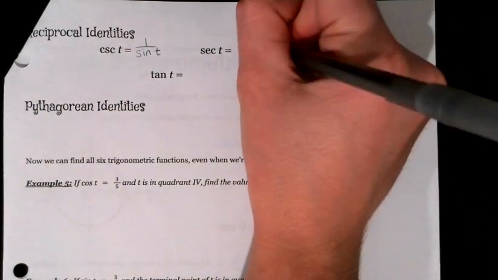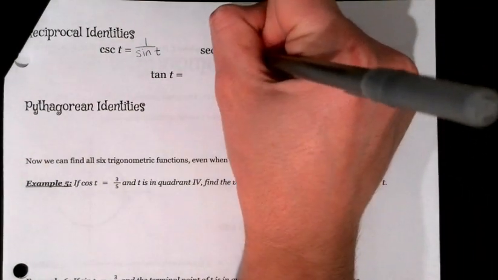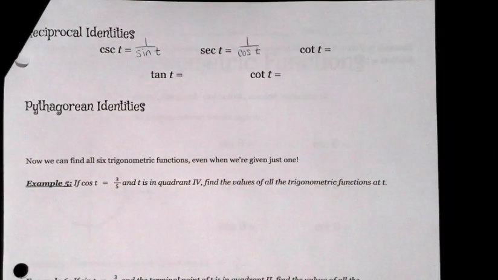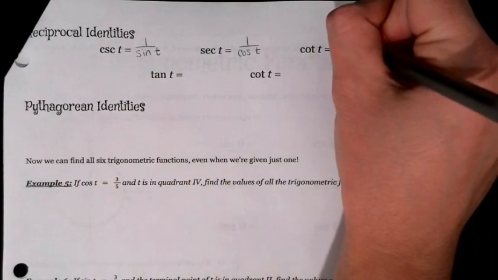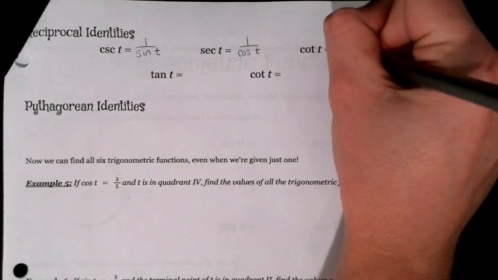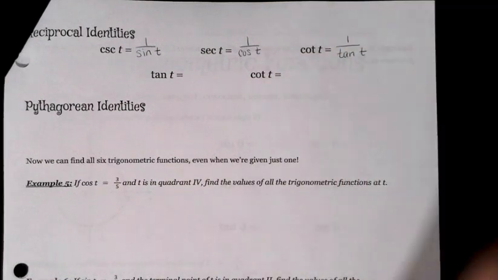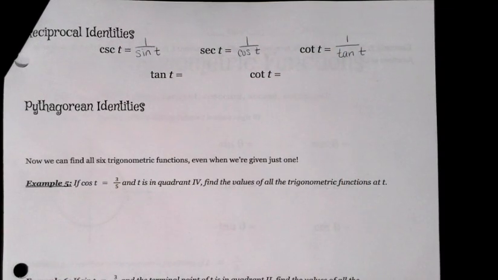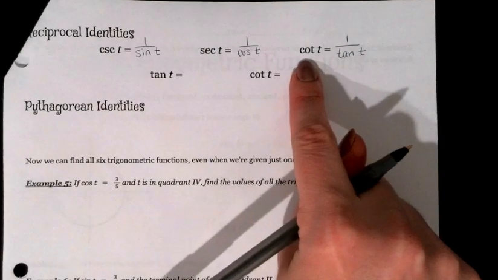Secant of t is 1 over cosine of t, or the reciprocal of cosine of t. Cotangent of t is 1 over tangent of t. But we also can write it differently, so that's why it's on here twice.